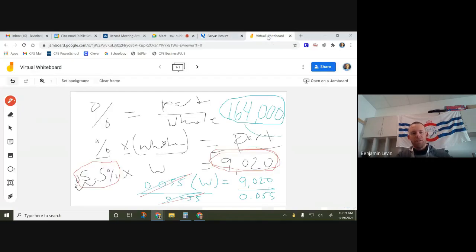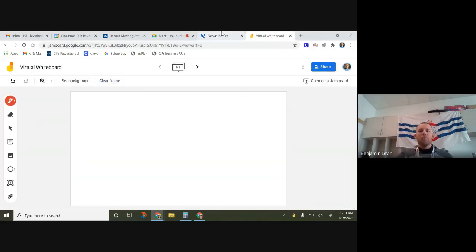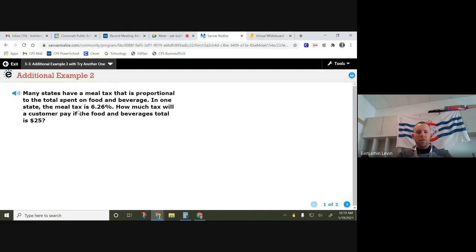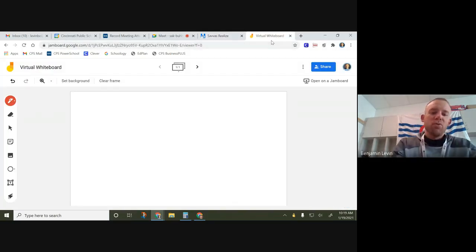All right, so Jamboard, here we go. The meal tax is 6.26%. How much tax will the customer pay if it's $25? So it's literally asking us, 6.26% of $25 is what?